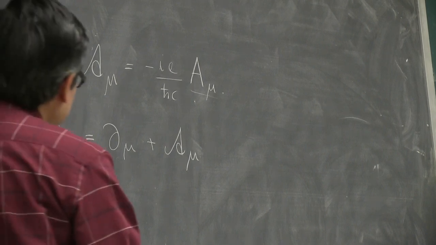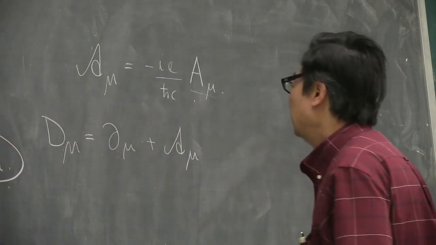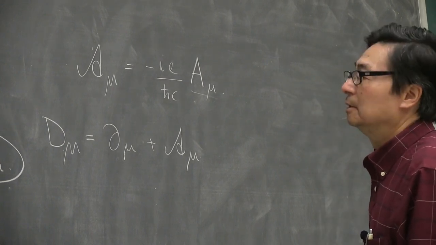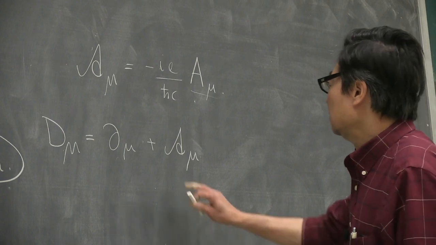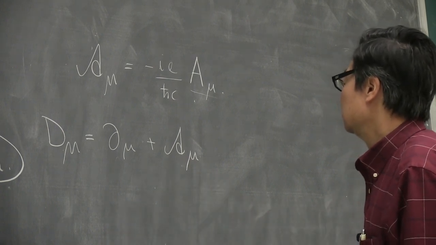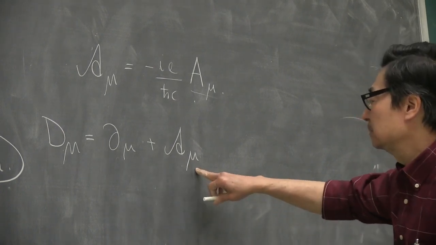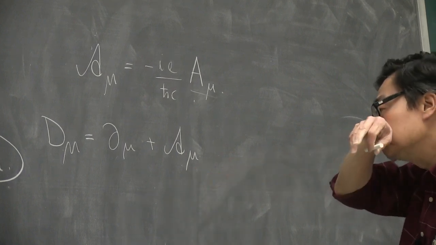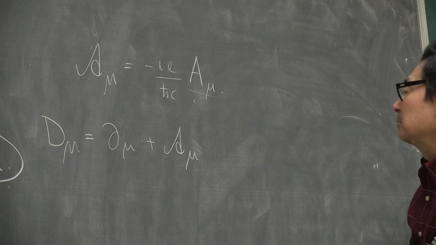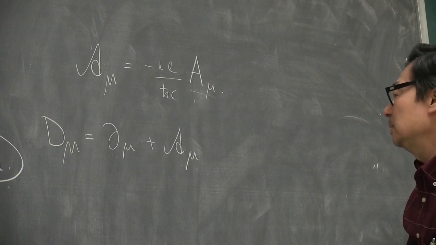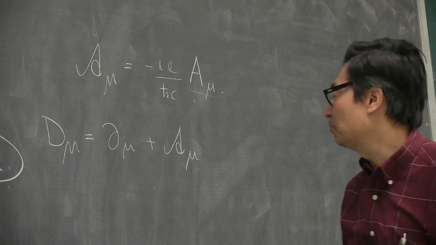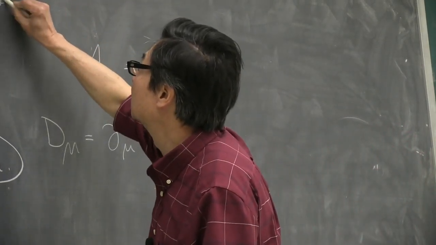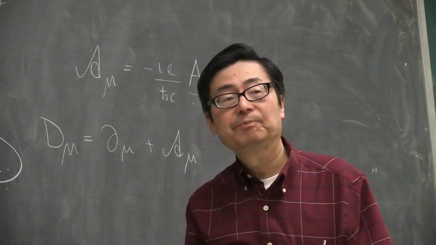Now we'll leave that aside. And the deal is this. You can write this A mu in here, classically, it appears like a 4-vector. It has 4 components. But what you can do is to introduce a 1-form that I'm simply going to call a 1-form.